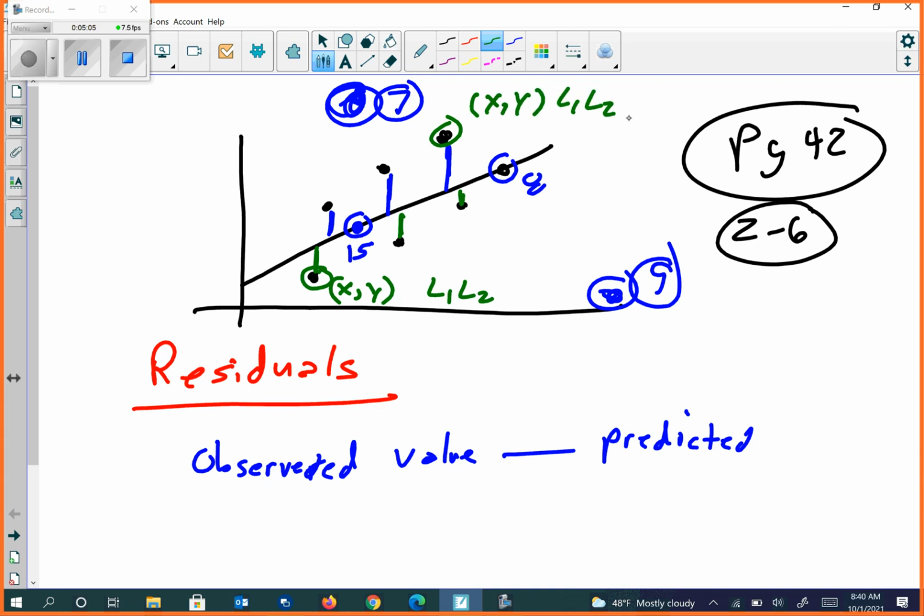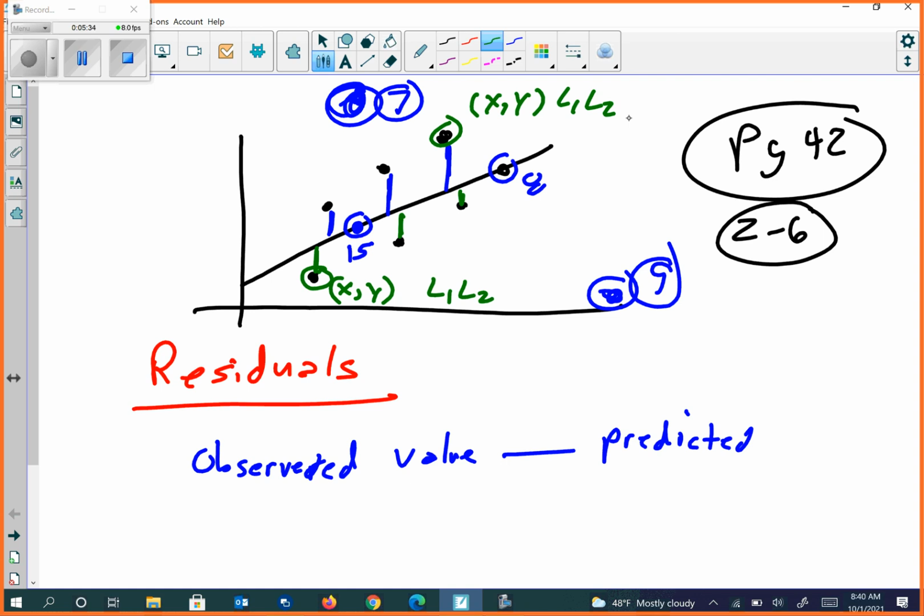Okay, so you can look back at your data going, where did this fall? And on the graphing calculator, if you just have your data points plotted and hit the trace command, it would take you to any of those particular points. Okay, so you could definitely figure that out. So the residual is the difference between the observed value and the predicted value of the response variable. Response variable is x or y.